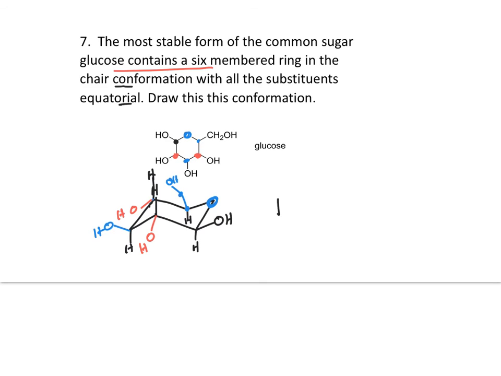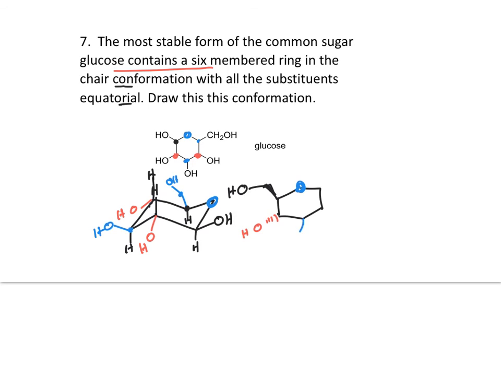And so then if you were to draw this in a flat ring, you put your oxygen here, and then everything that's up would get a wedge at you. So that's this one. And everything that's down would go back.